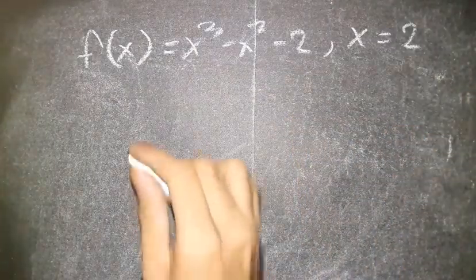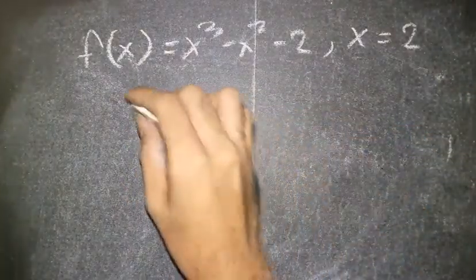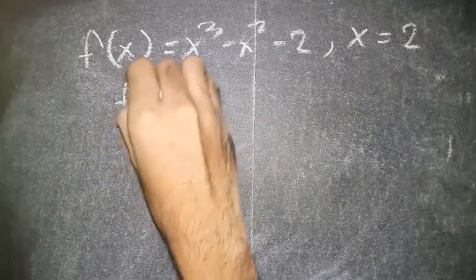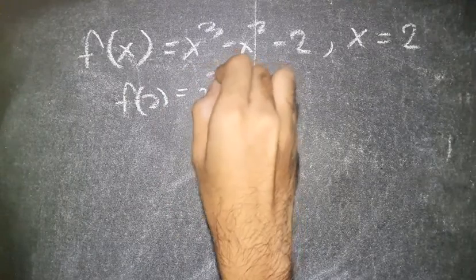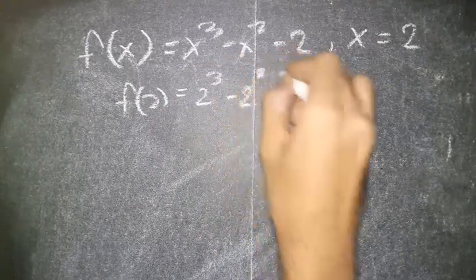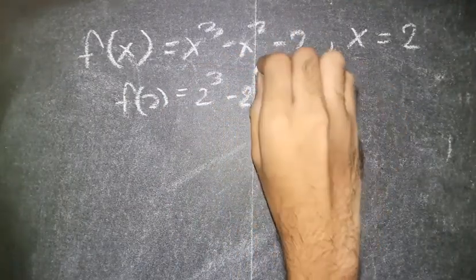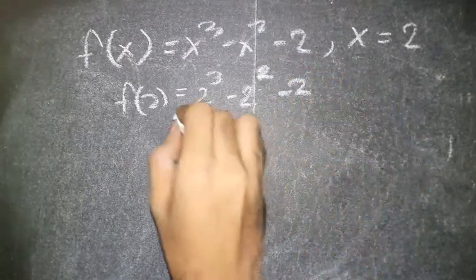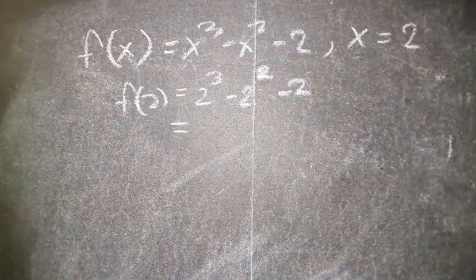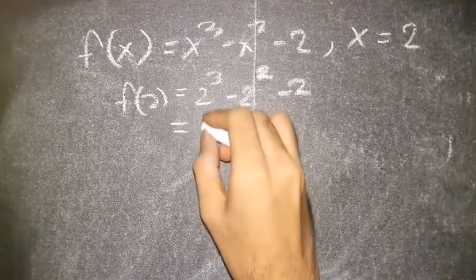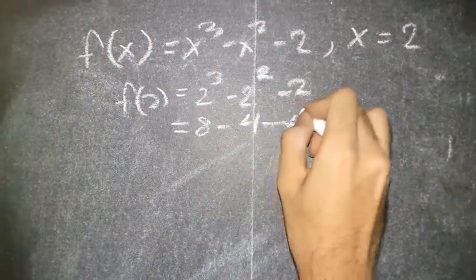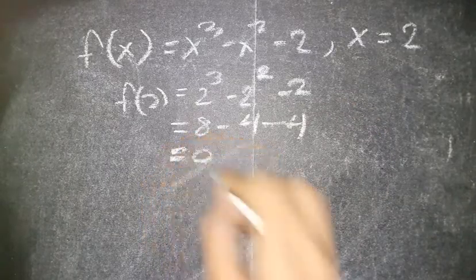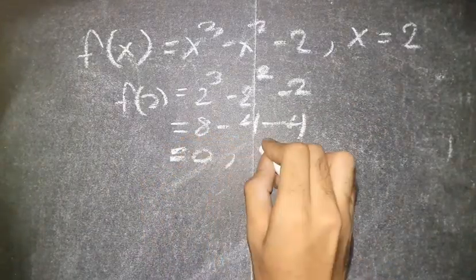Therefore, f of 2 is equal to 2 cubed minus 2 squared minus 2, which will be equal to 8 minus 4 minus 2, and if simplified, will be equal to 0. Thus, f of 2 exists.